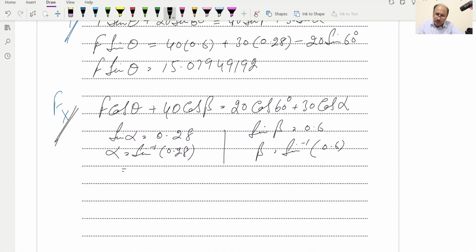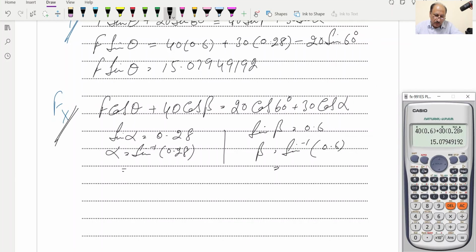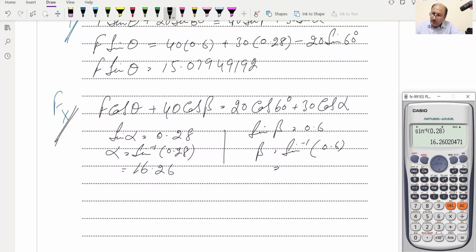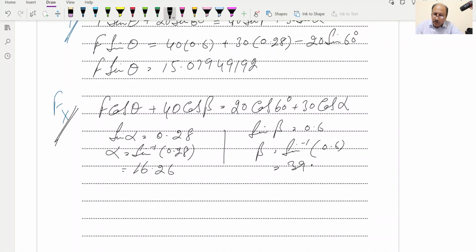These are the angles which we'll be using for cos. So shift sine of 0.28, and this is equal to 16.26, so 16.26 is the alpha value. Beta value will be sine inverse of 0.6, which is equal to 39.87 degrees. These are the two values of alpha and beta.